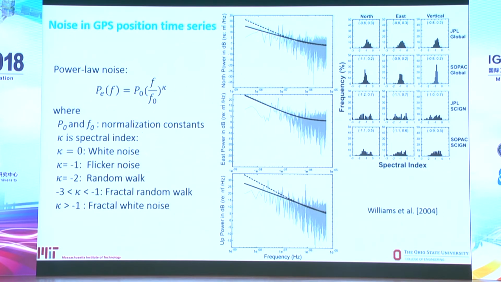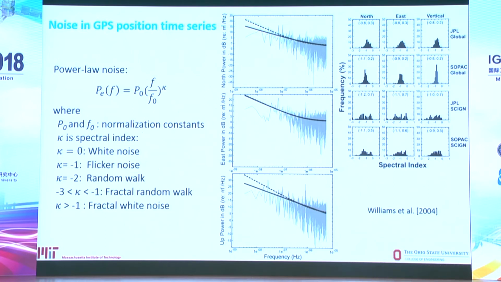What we can see from this figure is that at high frequency the spectrum flattens out, which means there could be some white noise at high frequency. But in the middle and low frequency bands, the spectrum follows a power law. That means the power at a frequency f is a function of the frequency to the power of kappa. So this is called power law noise, which is a very typical noise in geophysical signals.